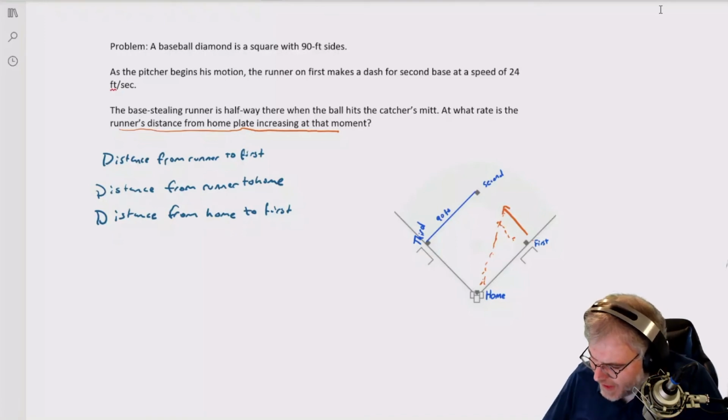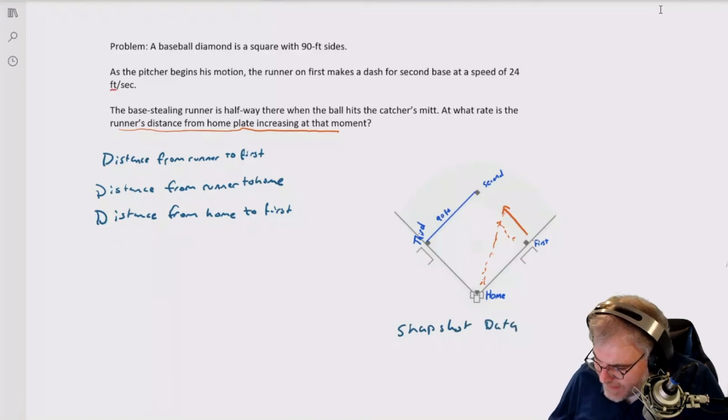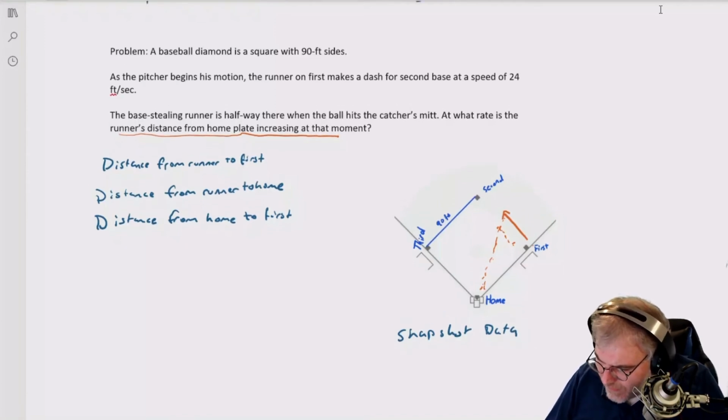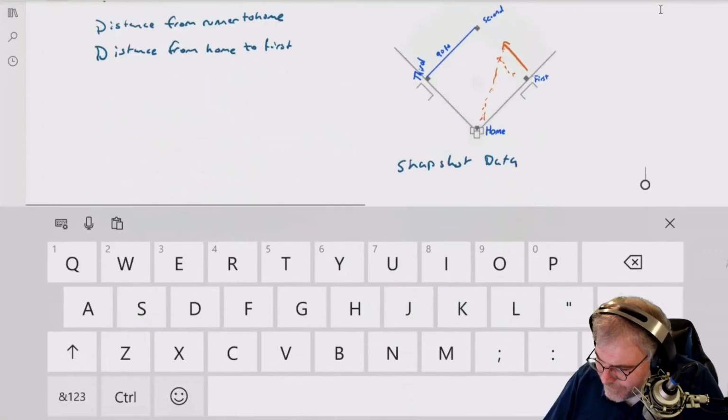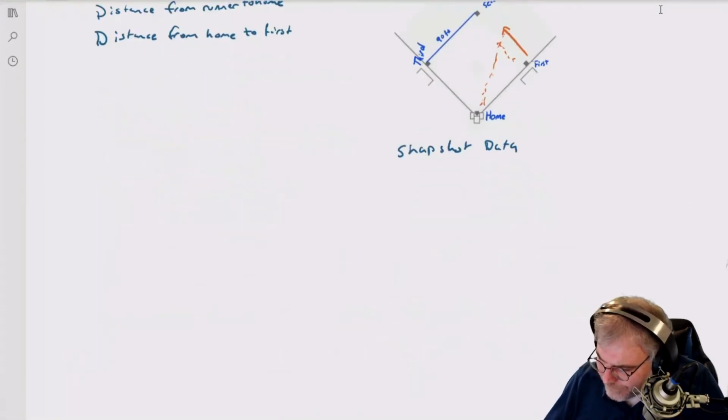Now, I've got some snapshot data, and I've got some fixed data. So let's look at what's going on here. I'm going to call the distance from the runner to first base side A, just because.